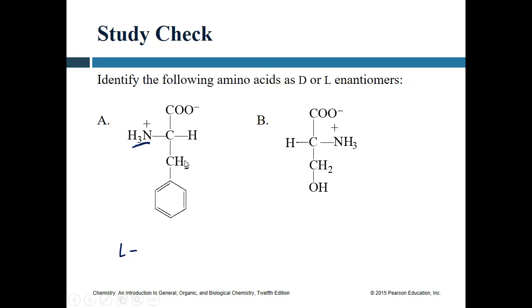And so I look at this and see, okay, I've got CH2 and a benzene. So that's a nonpolar, what is that one? Oh, that's phenylalanine. So I can go straight to my chart and identify it based upon the structure. So this is L-phenylalanine.